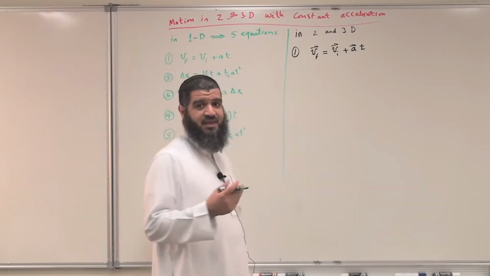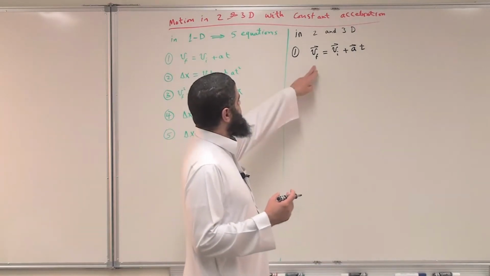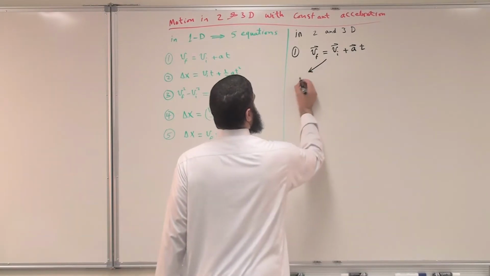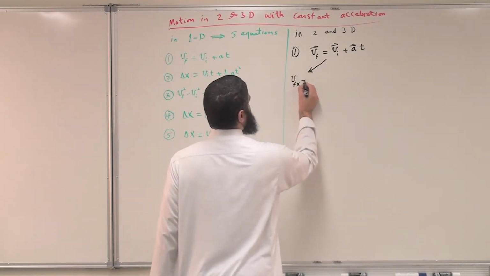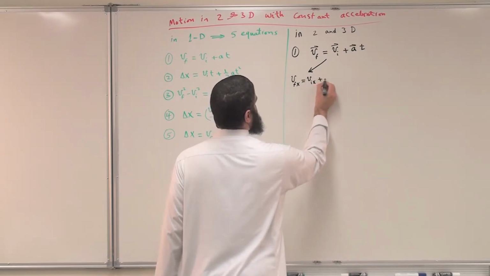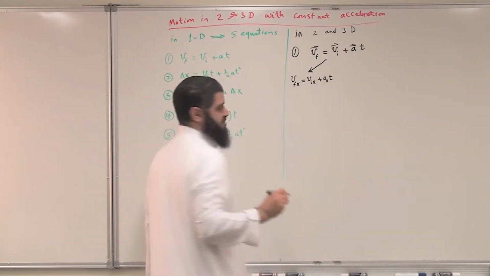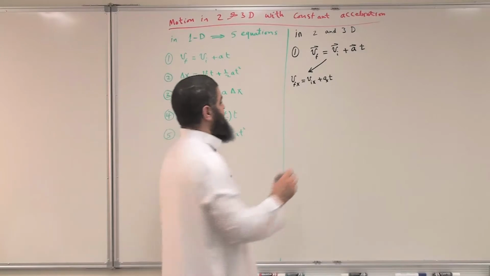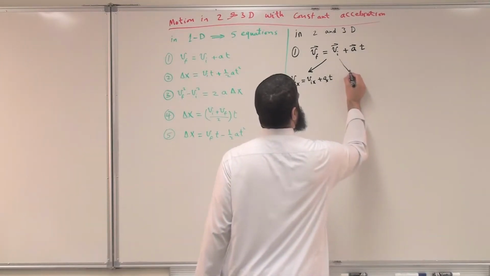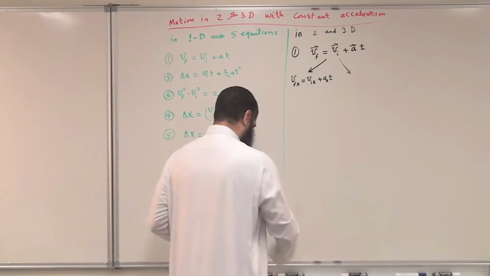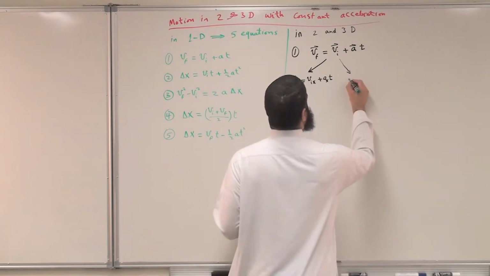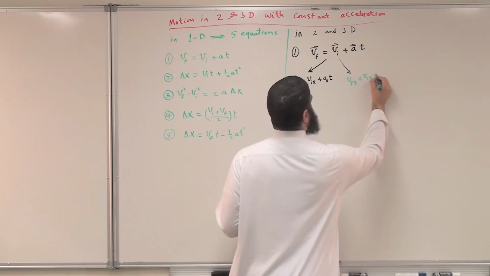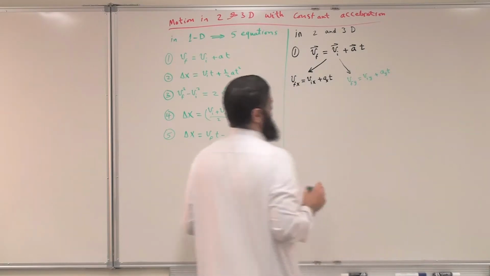The nice thing here is that we can write this equation in 3 components. The first component will be V final x equals V initial x plus ax t. So we'll treat the velocity along the x-axis alone, separately from the y component of the velocity. The other component: V final y equals V initial y plus ay t.